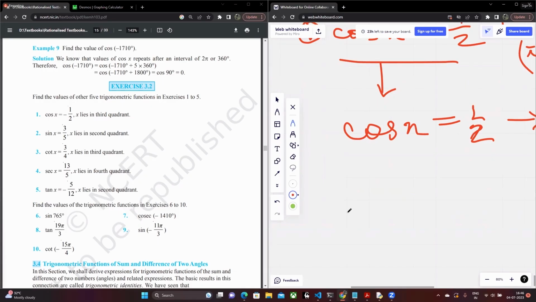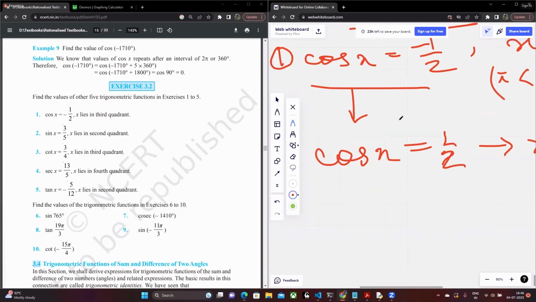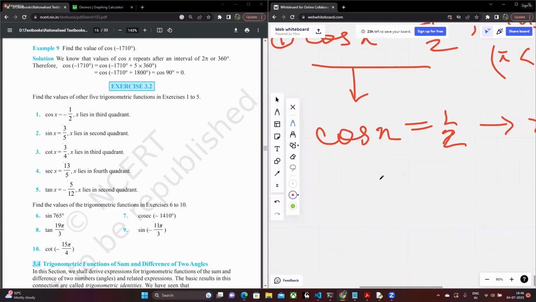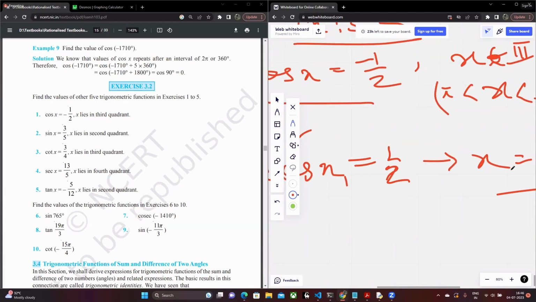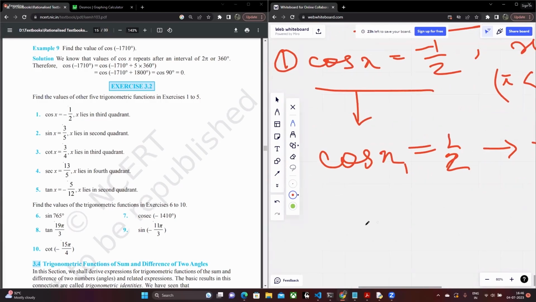That means that cos x being minus 1 by 2, especially in the third quadrant, means that, let this be x1, and I can cut this as x.